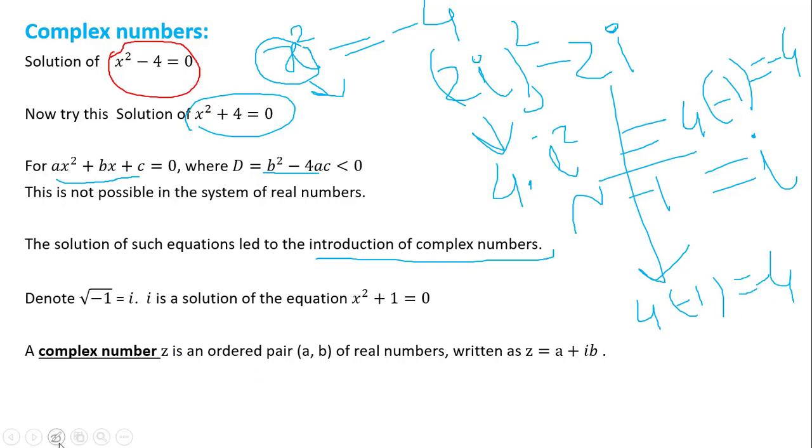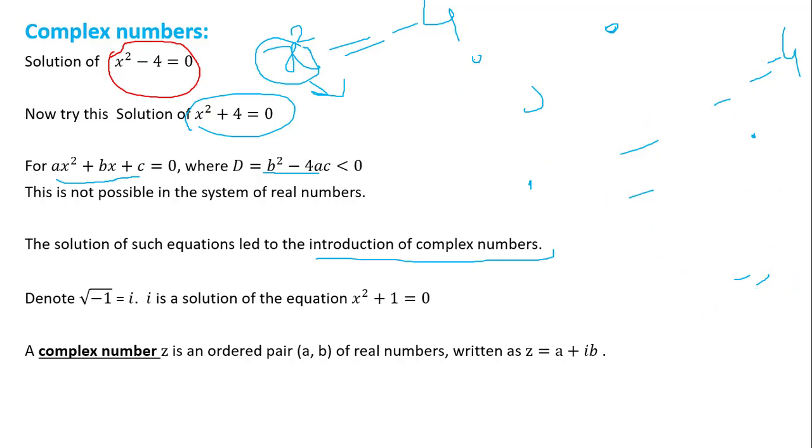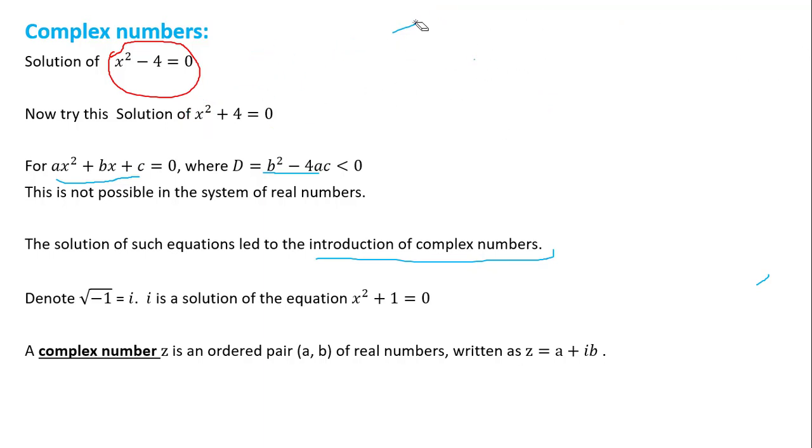So now I am able to solve x square equal to minus 4 as well, but I got the solution in complex numbers, not on the real line.